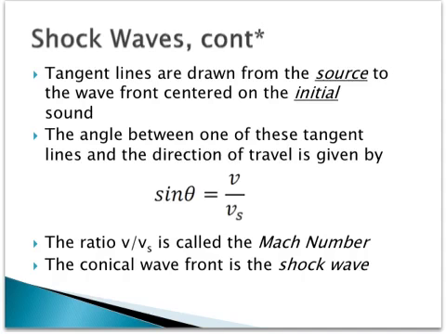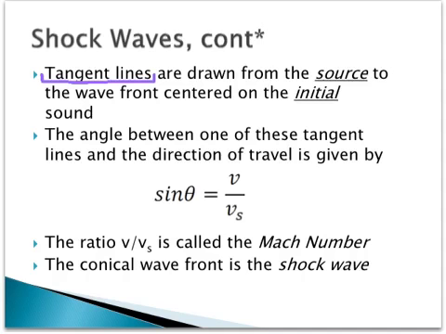If you notice in the previous diagram, if we draw a tangent line from the source all the way back to the initial sound wave, you get a cone shape, and that cone shape represents the shape of the shock wave.